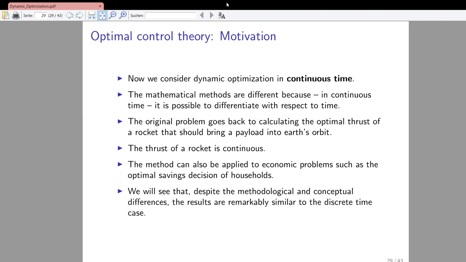So in bringing a payload to the Earth's orbit, you have to ensure that the payload at the end, when it arrives in the orbit, has exactly the speed at which gravitational forces and centrifugal forces balance each other off, such that the payload circles around the Earth. So this is exactly one speed that manages to do this.